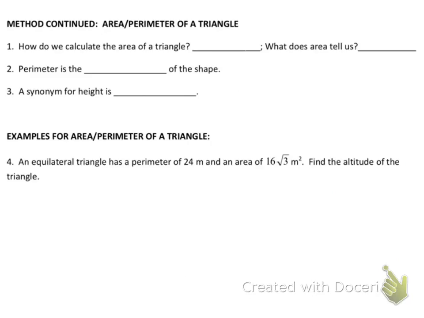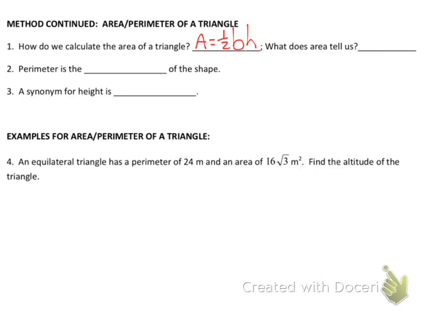Next one, area and perimeter of a triangle. How do we calculate the area of a triangle? What's the area of a triangle? Everyone should know this. Base times height divided by 2, or a lot of us will say 1/2 base times height.